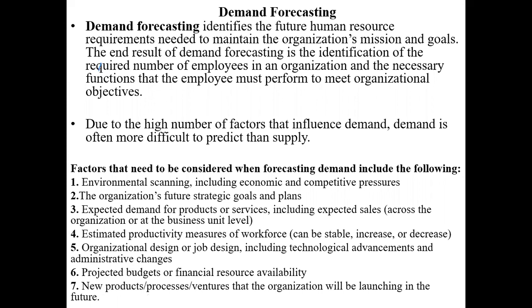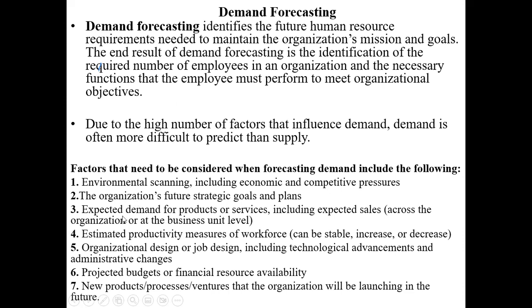All these need to be considered. Projected budget and financial resources, and so on. So these are the factors that need to be considered. In fact, there are a number of them, but at this level, you can work around this. You need to consider them before you conduct human resource forecasting.